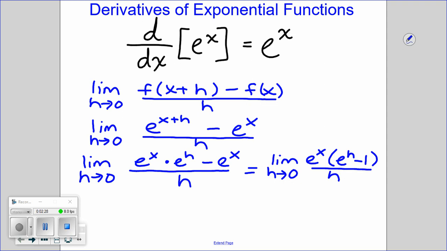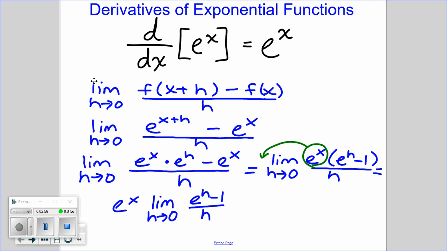And because we're evaluating the limit as h approaches 0, this e to the x, which is not in terms of h, is a constant multiple, so we can move it in front of the limit. Now we'll have e to the x times the limit as h approaches 0 of e to the h minus 1, all over h.